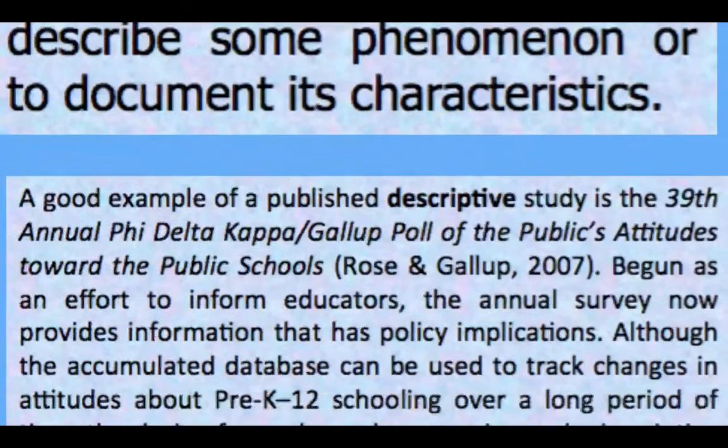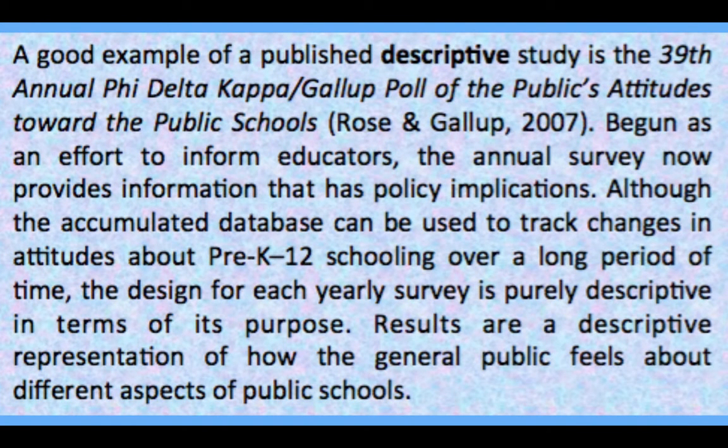A good example of this descriptive non-experimental research is the 39th annual Phi Delta Kappa Gallup poll of the public's attitudes toward the public schools. It began as an effort to inform educators. The annual survey now provides information that has policy implications.